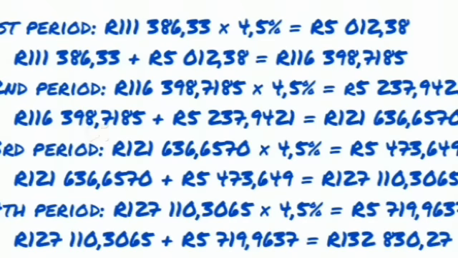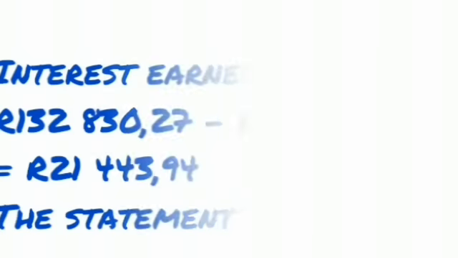Take that balance to the third period now. Continue the process as you did in period 1 and 2. Get the interest, add the interest to the principal, and then take the principal to the fourth period. At the end of it all, you will have a balance after the fourth period of 132,830 and 27 cents.